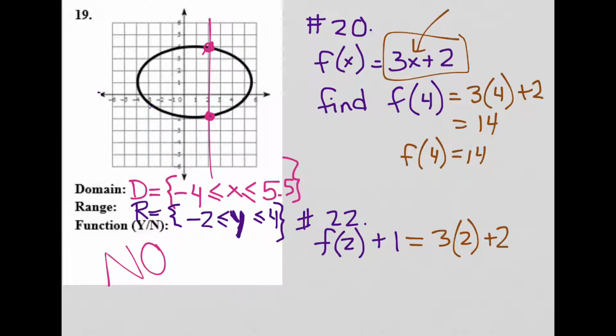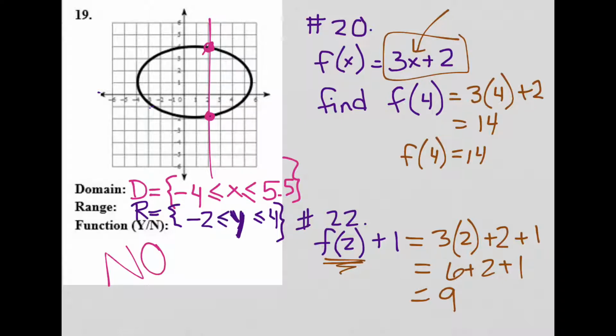I'm just replacing the variable with a 2. So I've done that, but then it says when you're finished with the f of 2 part, then add 1. So I've got to add another 1 on the end of it. Sometimes it gives you additional instructions. Okay, so those are all my instructions. Now I just have to figure out what that is. That's going to be 6 plus 2 plus 1, which is 9. So when I evaluate the function f at 2 and then add 1, I'm getting out a 9.